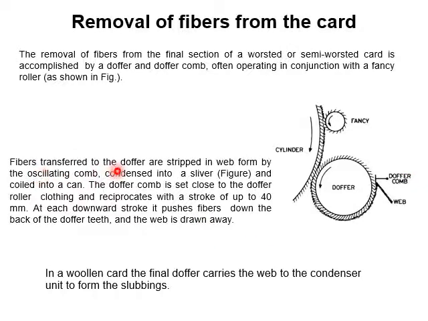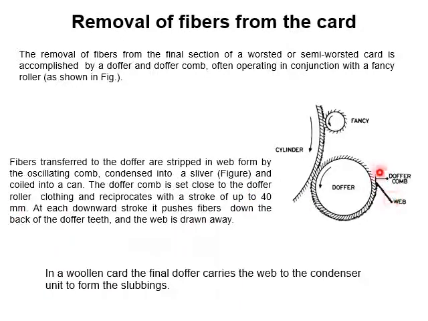Fibers transferred to the doffer are stripped in web form by the oscillating comb. It is then condensed into sliver and coiled into a can. The doffer comb is set close to the doffer roller clothing and reciprocates with a stroke of up to 40 mm.